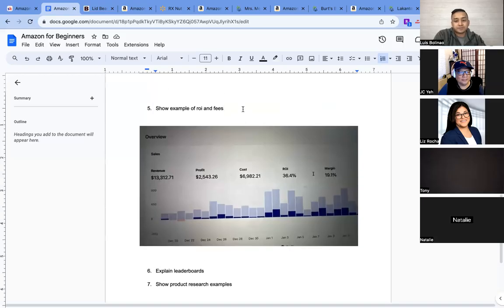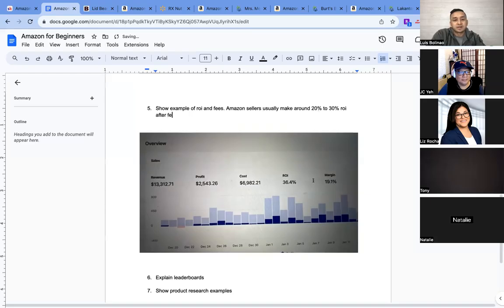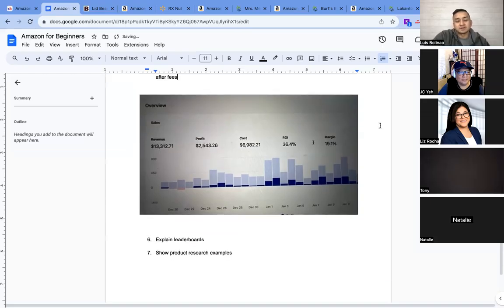So I added here, Amazon sellers usually make around, let's just be conservative, right? 20% to 30% ROI after fees. And I know this because I work with a lot of Amazon sellers, and I always see this number. So it's usually between 20% to like 30%.